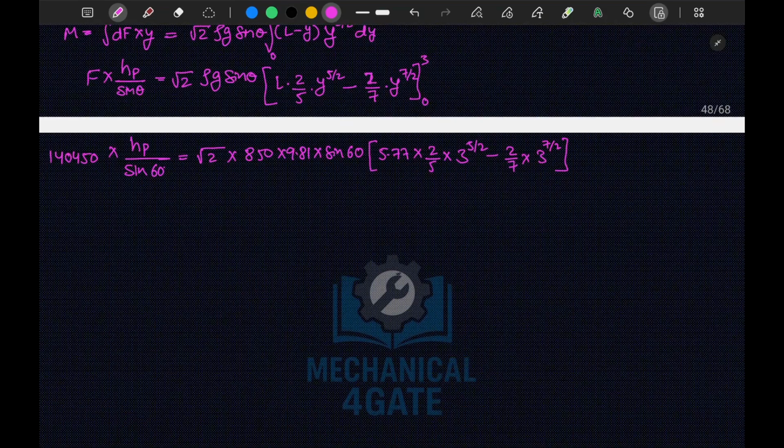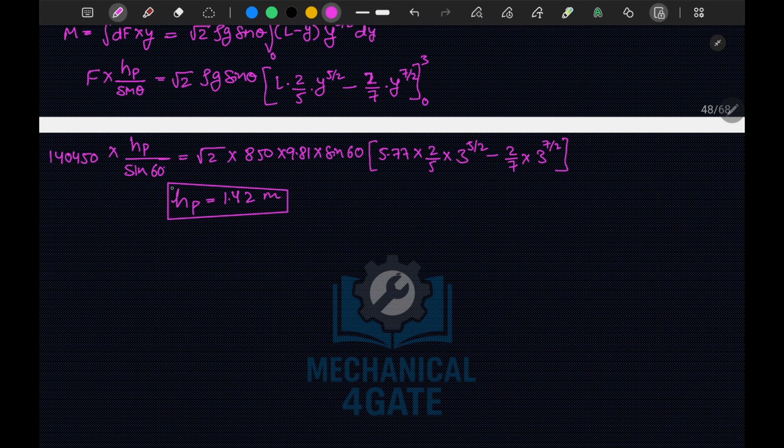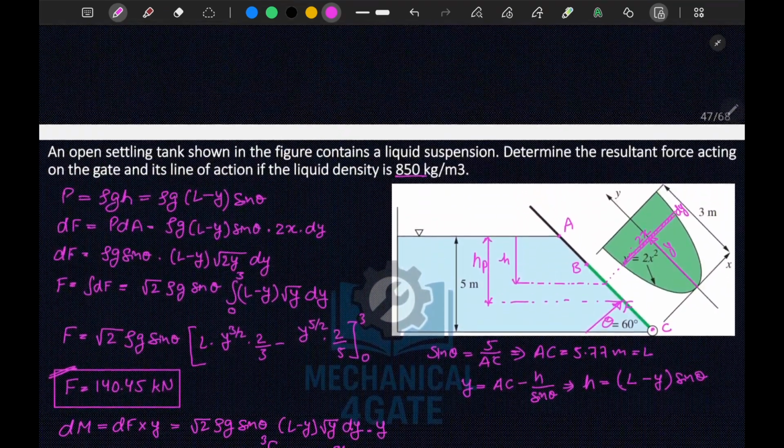From here we obtained hp equal to 1.42 meter, the location of the center of pressure from the free surface, vertical distance here.